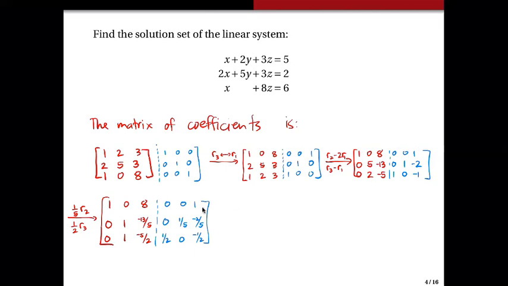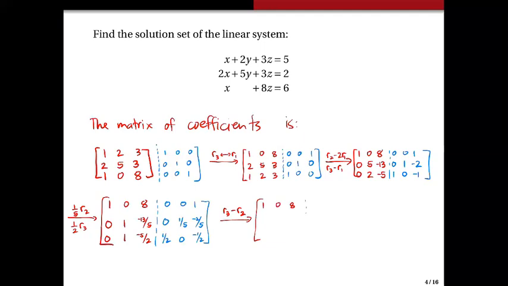Okay? Then, this is a leading one. We can just subtract this from this. Oh, sorry, we can subtract this row 3 from row 2. So we have row 3 minus row 2. So again, row 1 is fixed. 1, 0, 8.